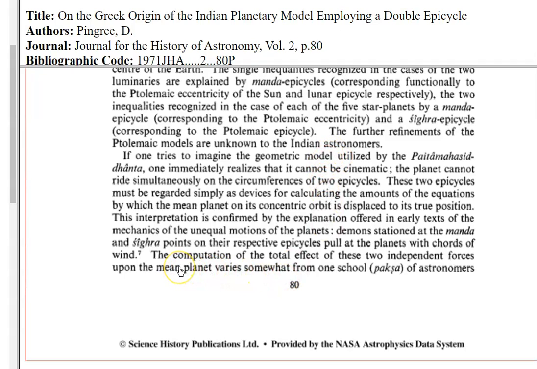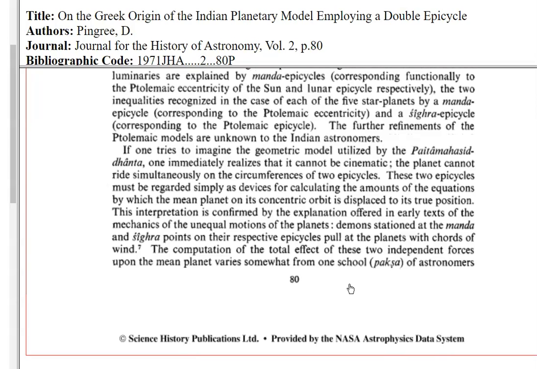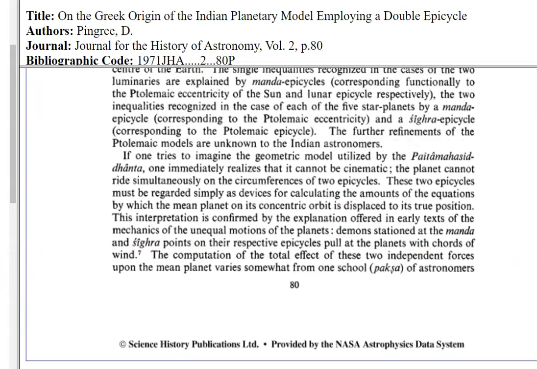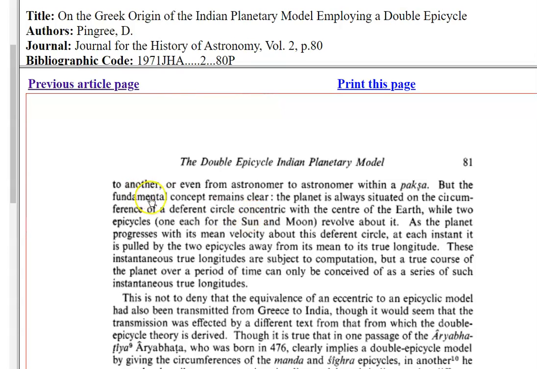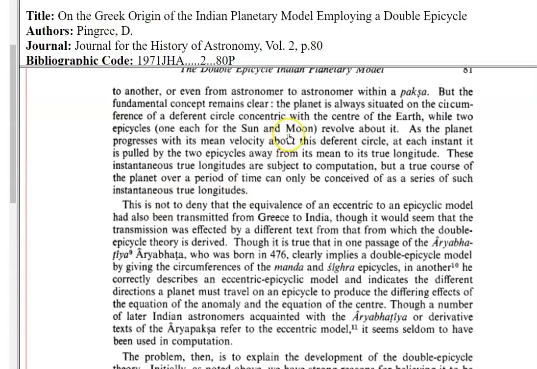And then the computation of the total effect of these two independent forces upon the mean planet varies somewhat from one school of astronomers to another, or even from astronomer to astronomer within a Paksha.